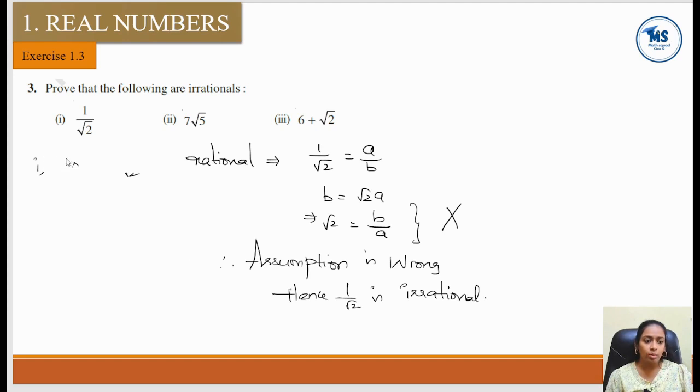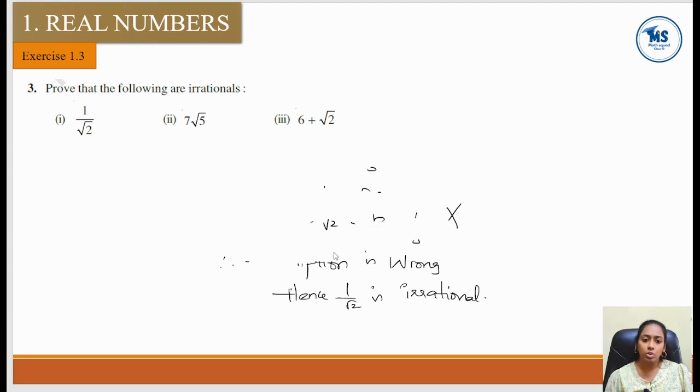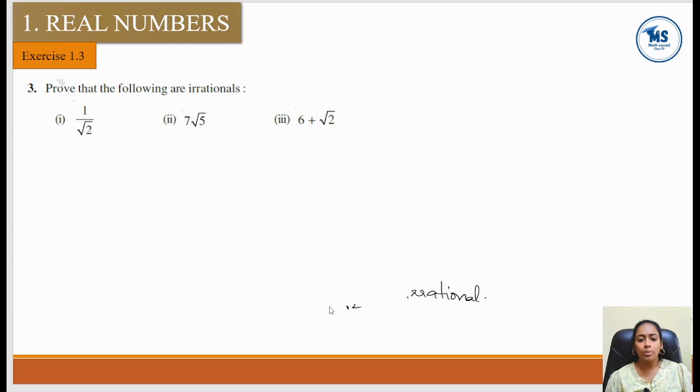So for any problem, if they are asking to prove the given number is irrational, then we need to first assume the contradiction, we'll assume exactly the reverse thing. We'll assume the given number is rational and we'll end up with something which is wrong, and that's how we'll prove.